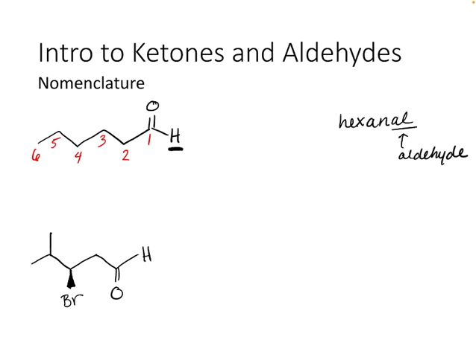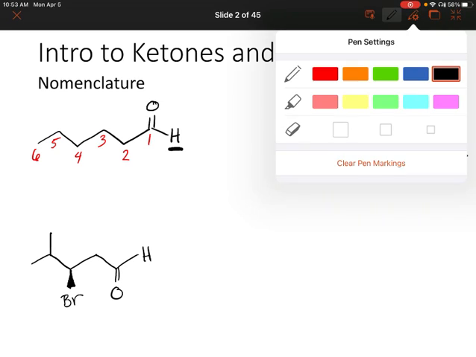Okay, so see if you can name this one on your own first. So you can pause the video and try this, and when you're done, you can unpause and we'll go over it together. So let's see what our longest carbon chain is.